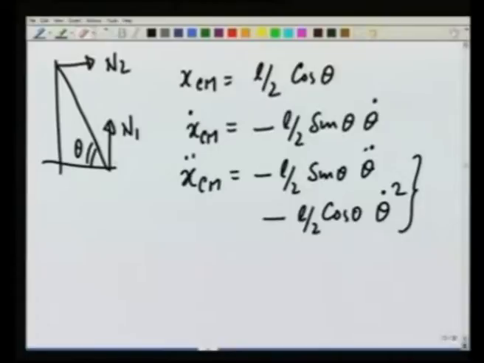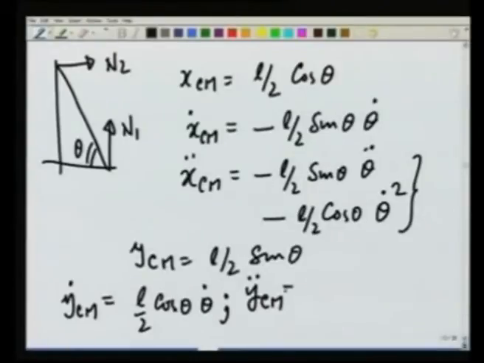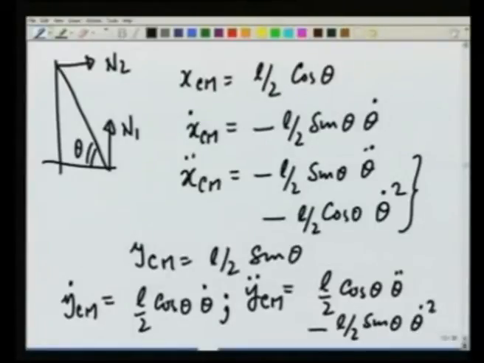Similarly, let us derive y cm double dot. Y cm is equal to L over 2 sine theta, and therefore y cm dot is equal to L over 2 cosine of theta theta dot, and y cm double dot is equal to L over 2 cosine of theta theta double dot minus L over 2 sine theta theta dot square. And therefore, we can write expressions for N1 and N2.